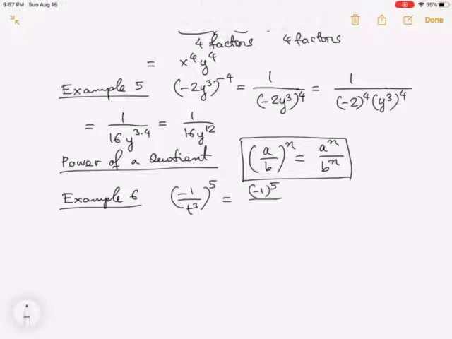It is the same as minus 1 to the power 5 over t cubed to the power 5. So minus 1 to the power 5 is minus 1. And t to the power 3 times 5 is t to the power 15. So it is minus 1 over t to the power 15.